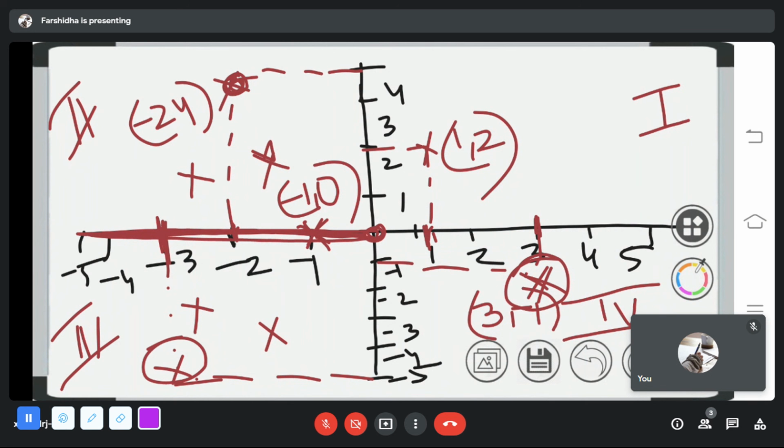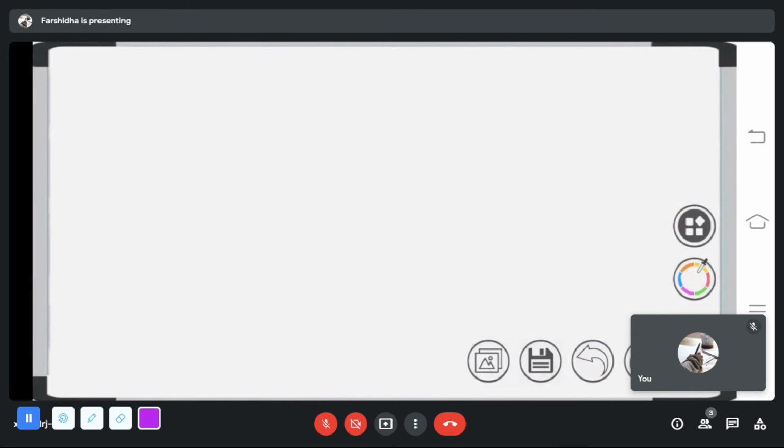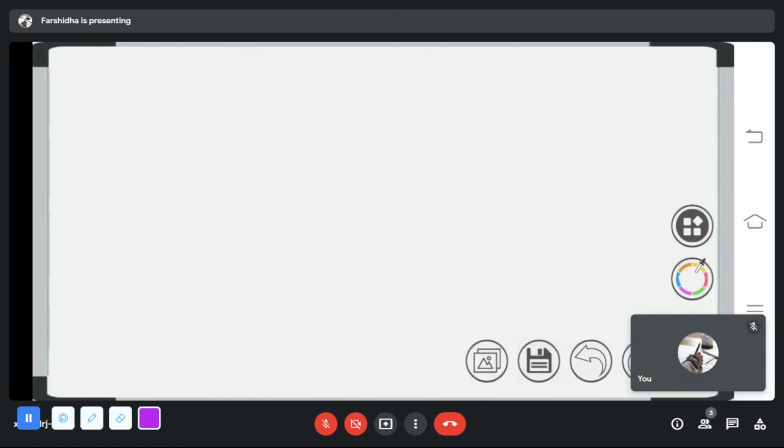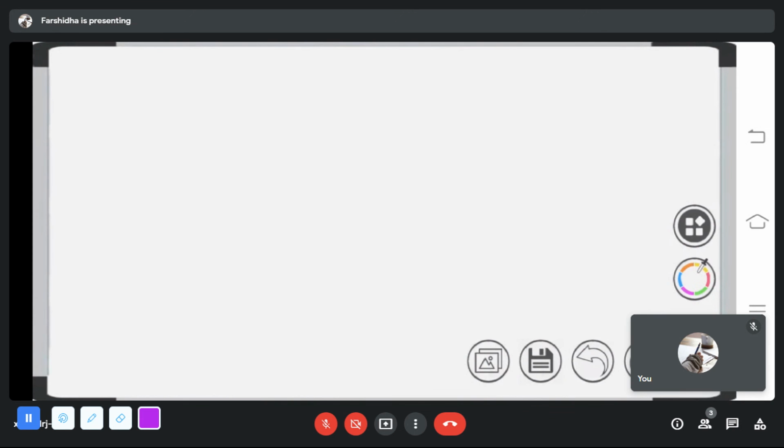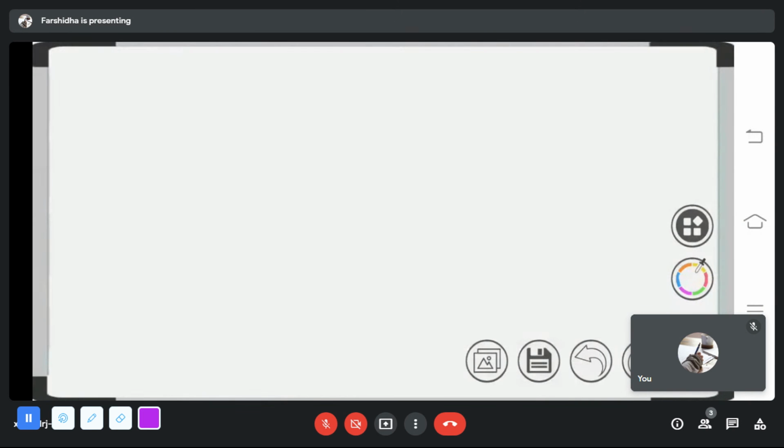Now the second question. Plot the points (x, y) given in the following table on the plane, choosing suitable units of distance on the axis. This you can do. You need to plot this one. The x value is given, the y value is also given. So you can plot it.